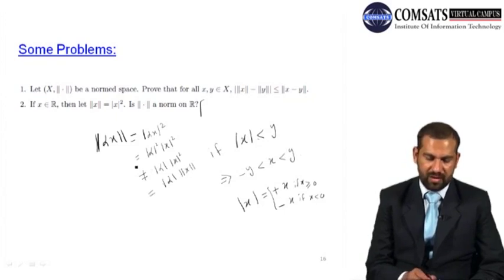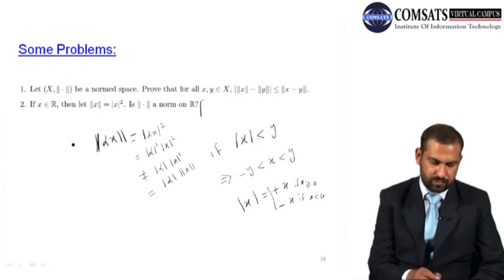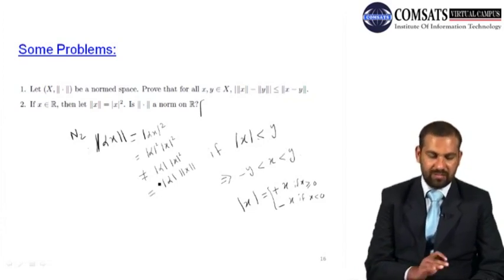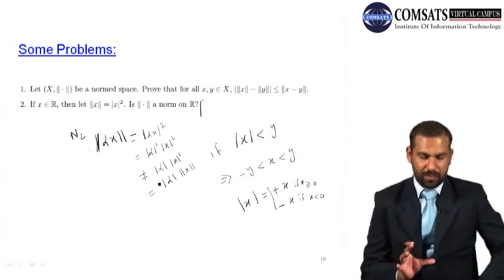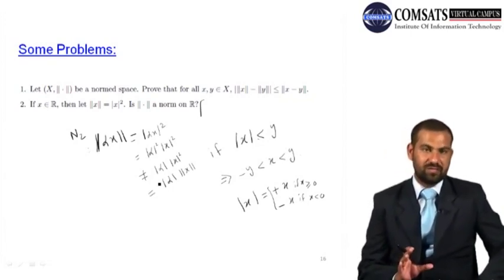Since here we are checking the property N2, and N2 is not satisfied, this example shows that this is not a norm space.